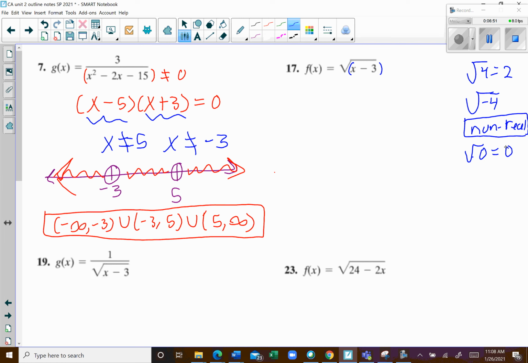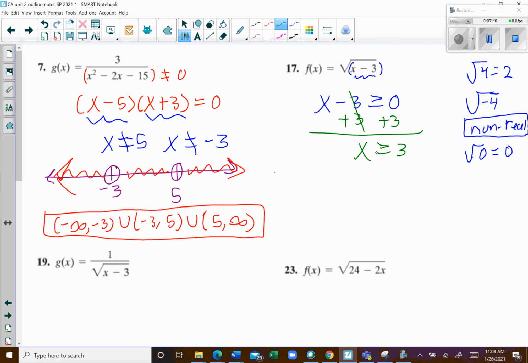So what we're going to do here is, the expression inside here, we don't ever want it to be negative. So we're going to say x minus 3, that expression needs to stay greater than or equal to 0 because we don't want it to go negative, right? We'll solve this. We'll add 3 to both sides, and we get x is greater than or equal to 3.